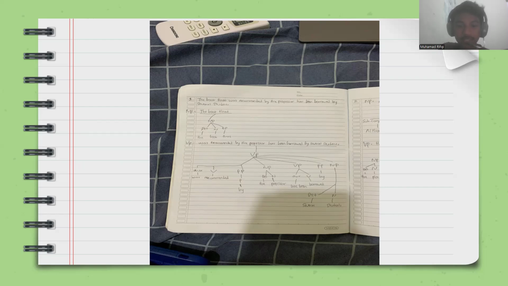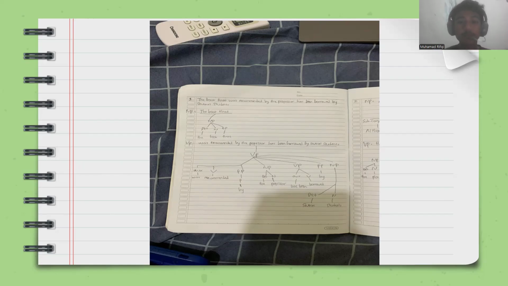The verb phrase's auxiliary is was, and the verb is recommended. Prepositional phrase, the preposition is by. Noun phrase, the determiner is the, and the noun is professor. Next, the verb phrase again, the auxiliary is has been, and the verb is borrowed, and the prepositional phrase is by, and the noun phrase, the determiner is several, and the noun is students.